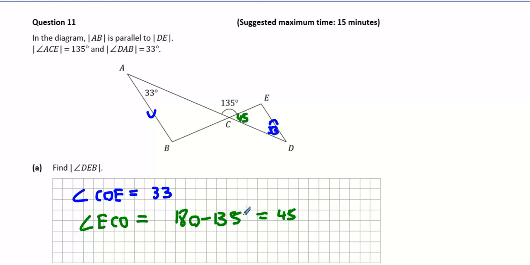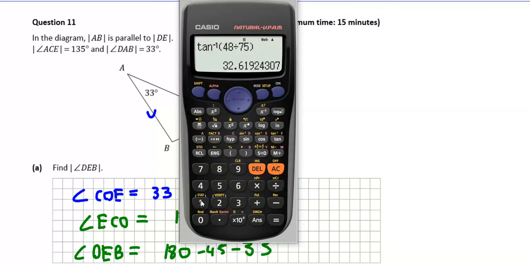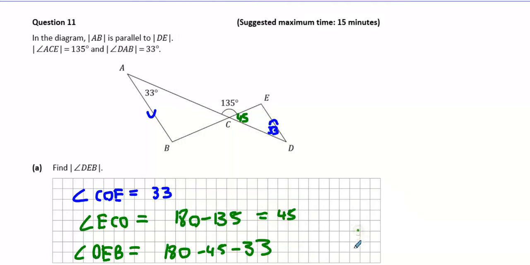So this means that angle DEB must be 180 minus 45 minus 33, which is 102 degrees. Answer is 102 degrees.